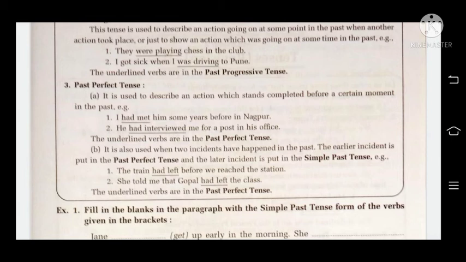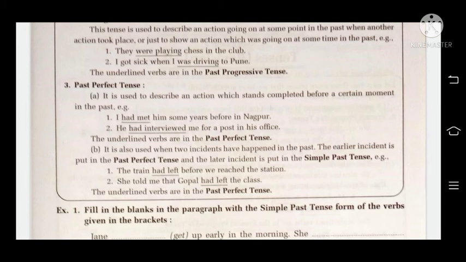Now see the second example. She told me that Gopal had left the class. Here the first part is related to the simple past tense, that is happening recently, and the second one happened a long time before, that is past perfect tense. You can see the underlined had left and had left, both indicate that the sentence is related to the past perfect tense.